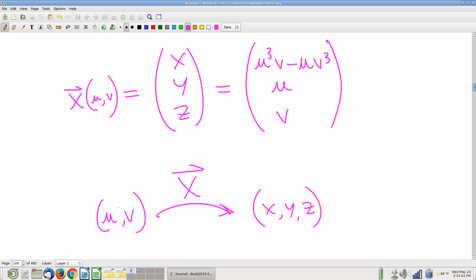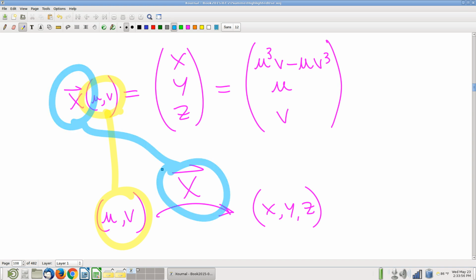Are u and v parameters? Yep, u and v are the parameters. That's right. So the input variables are the parameters, and the function is the parameterization.